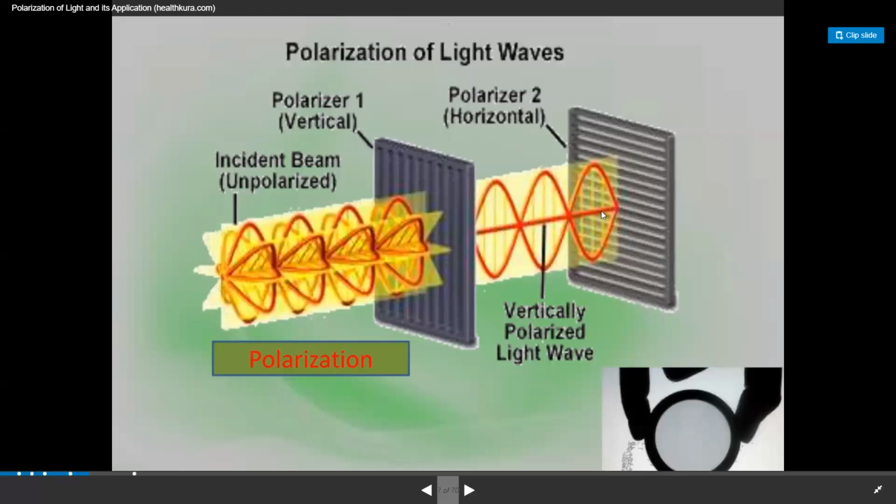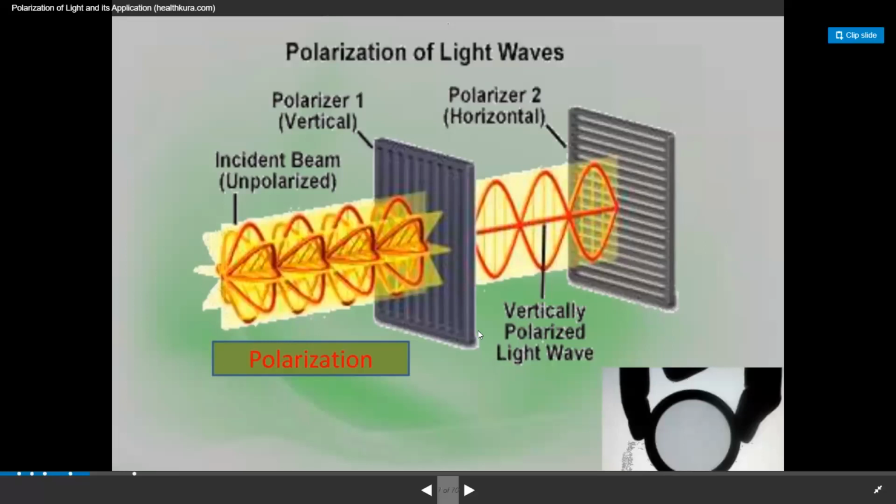So after polarizer 2, we cannot observe any light. Why? Because this light is in a vertical direction, whereas polarizer 2 allows only horizontal light.